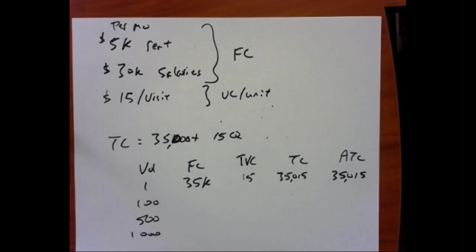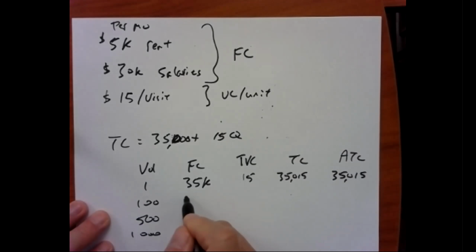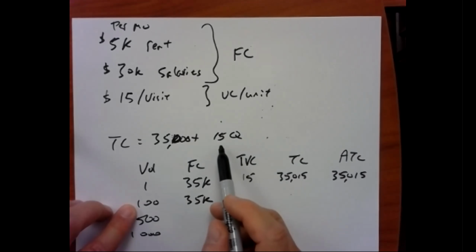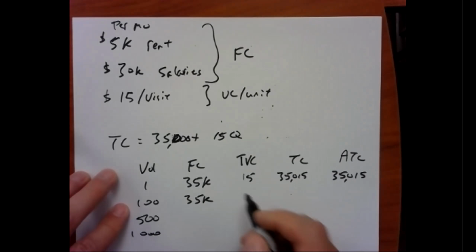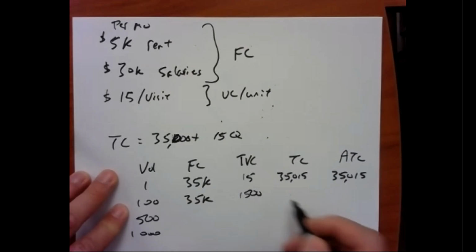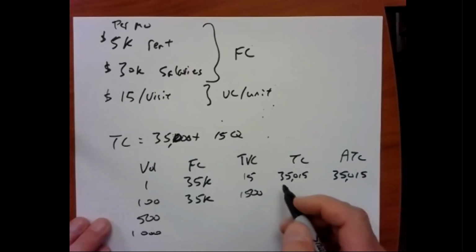All right. If we do 100, what's the fixed cost? $35,000, right? Total variable cost. Well, it's 15 times Q, 15 times 100. 15 times 100, 1,500, right?